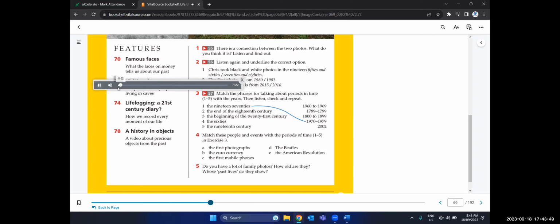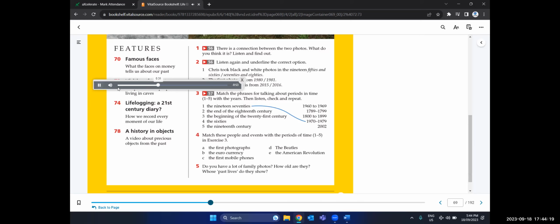Track 57. Unit 6 opener. 1. The 1970s, 1970 to 1979. 2. The end of the 18th century, 1789 to 1799. 3.